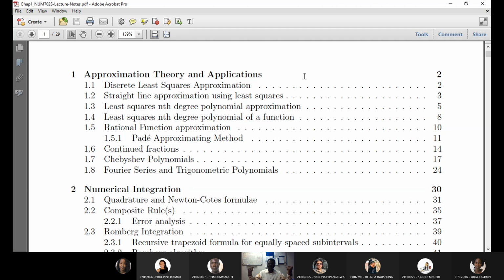If you have n plus 1 data points and you want to approximate using a polynomial, the degree of your polynomial will be n. And if n is large, let's say from 10 upwards, there is uncertainty in the sense that the error at the endpoint is very large.